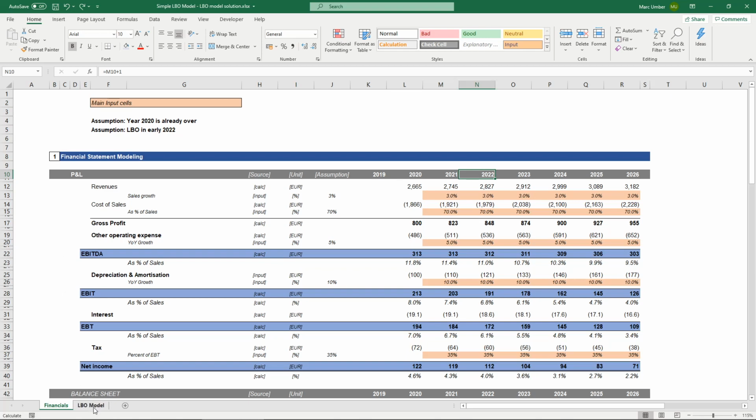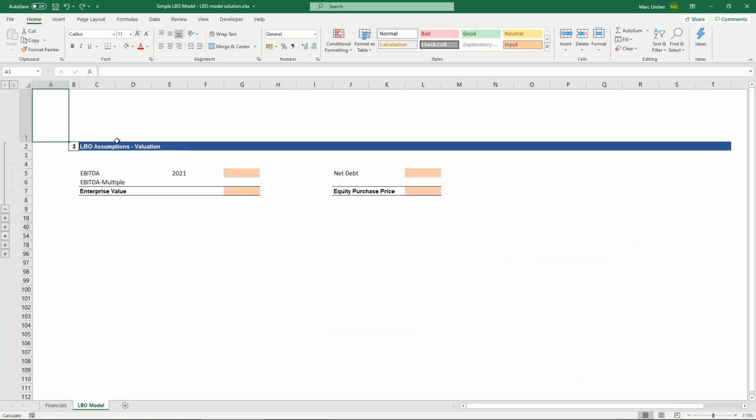Now, to set up some of these assumptions and to have all inputs and outputs on one sheet, we add this LBO sheet, and let's start with the assumptions. By looking at the markets, you see that the EBITDA multiple currently is an 8x multiple on the EBITDA.